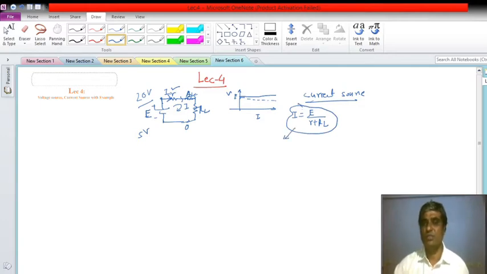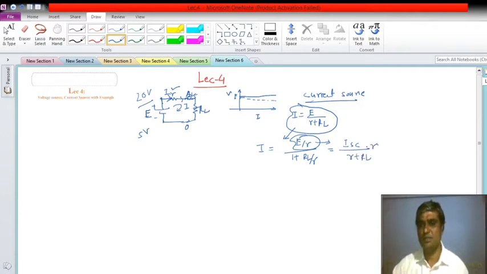We did some sophisticated mathematics, and we saw E by R times 1 plus RL by R. And we know this is an inherent parameter of the battery, so we put it as ISC. So the current in the load resistance will be equal to the total current ISC into R upon R plus RL.